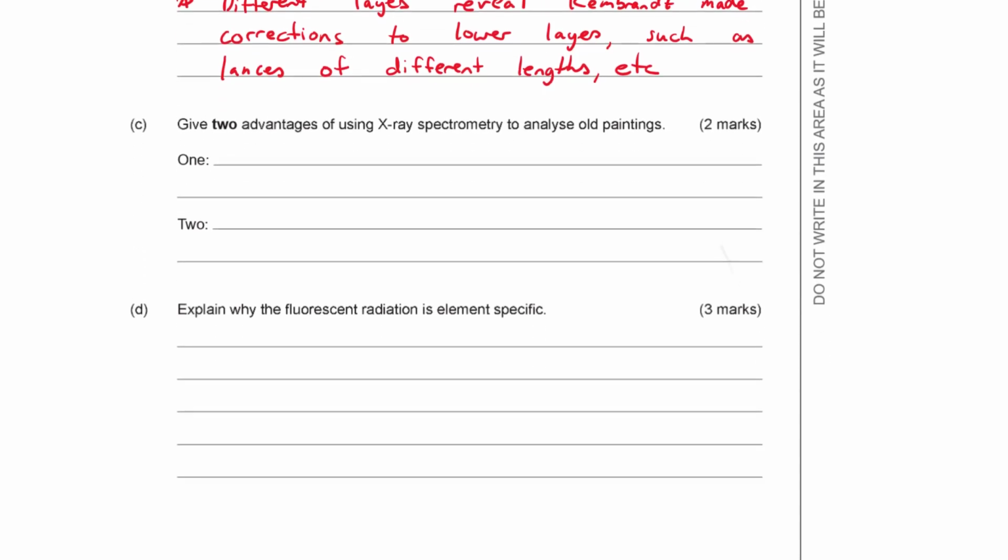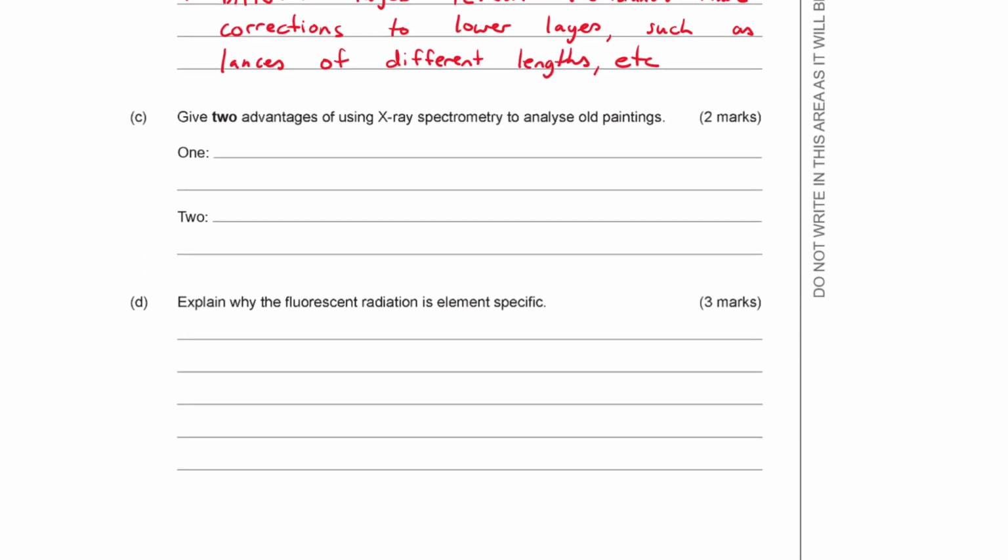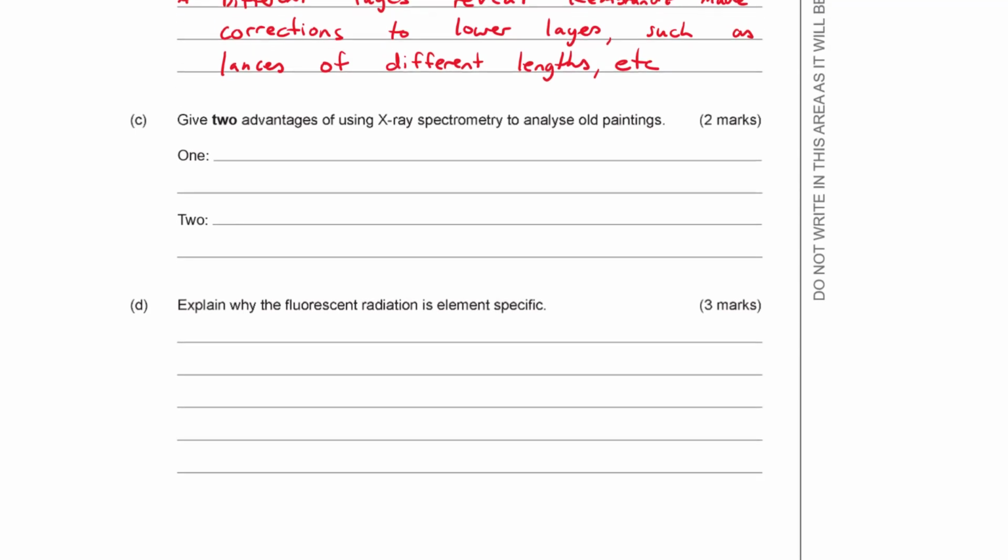Okay, part C is give 2 advantages of using X-ray spectrometry. Again, this is in the article. The WACE marking key pretty much has quotes from the article. Again, I'll try to paraphrase. The first one being that it's a harmless method to investigate expensive paintings, because you're not actually pulling the layers off or anything like that.